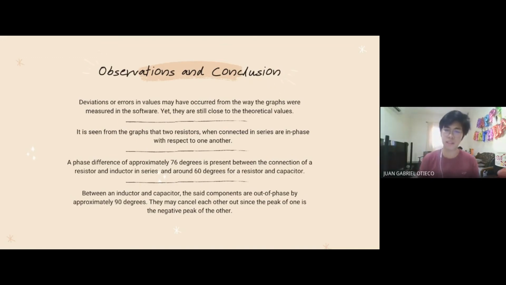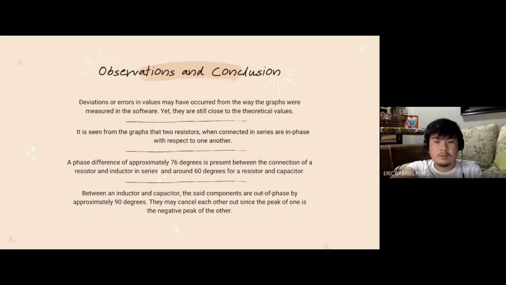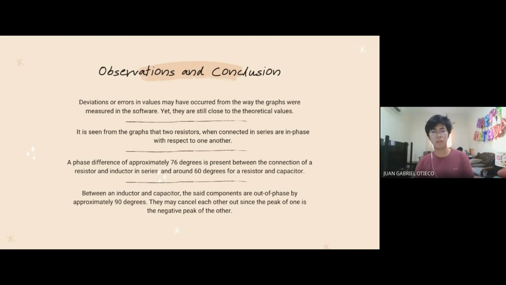Second, it is seen from the graph that two resistors connected in series are in phase with respect to one another, which means no delay and a 0 degrees phase angle difference. Third, a phase difference of approximately 76 degrees is present between the connection of a resistor and inductor in series, and around 60 degrees for a resistor and capacitor, which both led to a time delay.